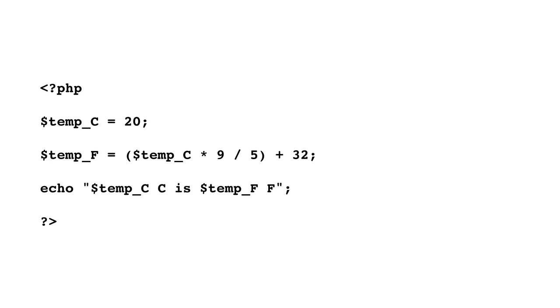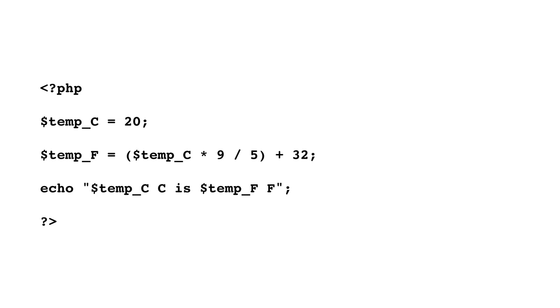So if we look here at this very simple program, in the first line we are just escaping out to PHP and explaining to the server that there's some PHP code coming up. And the next line here, variable temp_c gets 20. So we have a variable called temp_c and we're putting 20 into that variable. Next up we're saying temp_f gets temp_c multiplied by 9 divided by 5 plus 32.